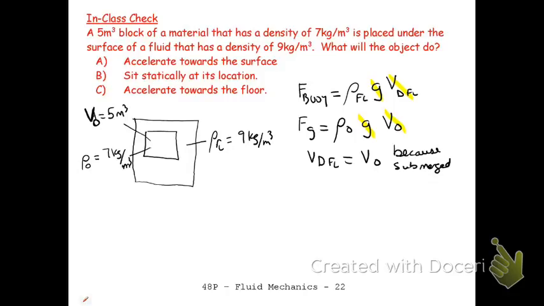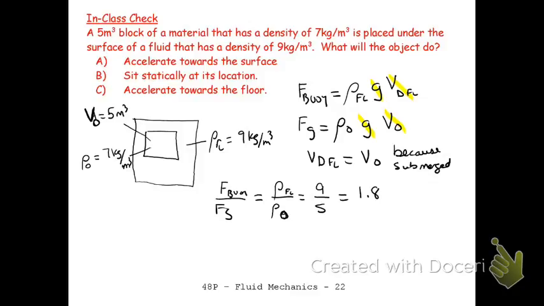So I can say the ratio of F buoyancy over Fg is like the density of the fluid over the density of the object, which equals 9 over 5, which equals 1.8.